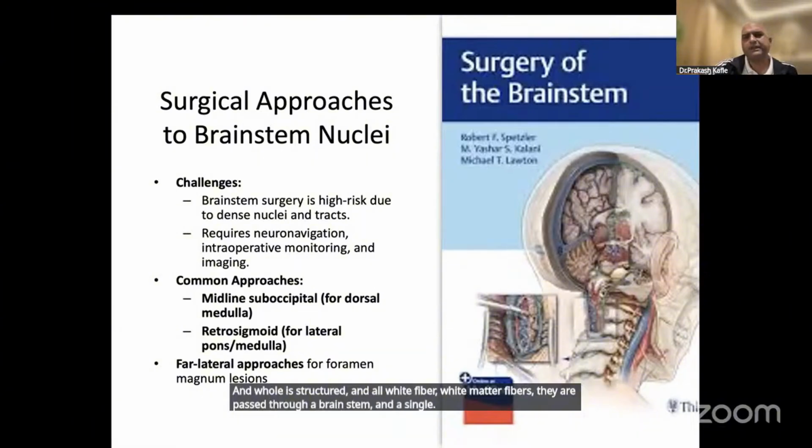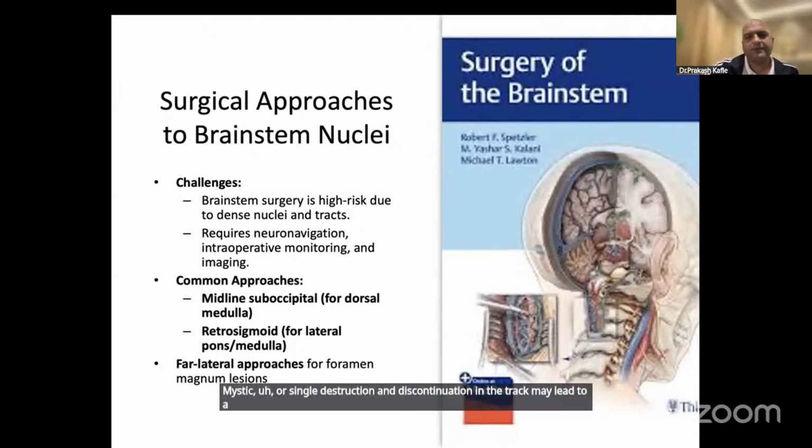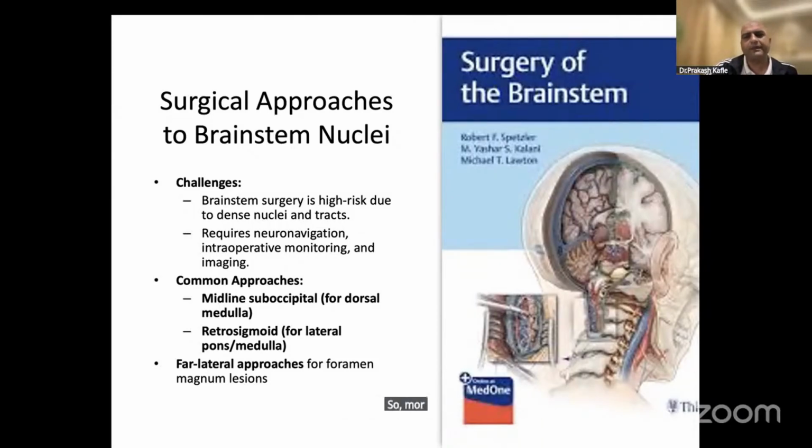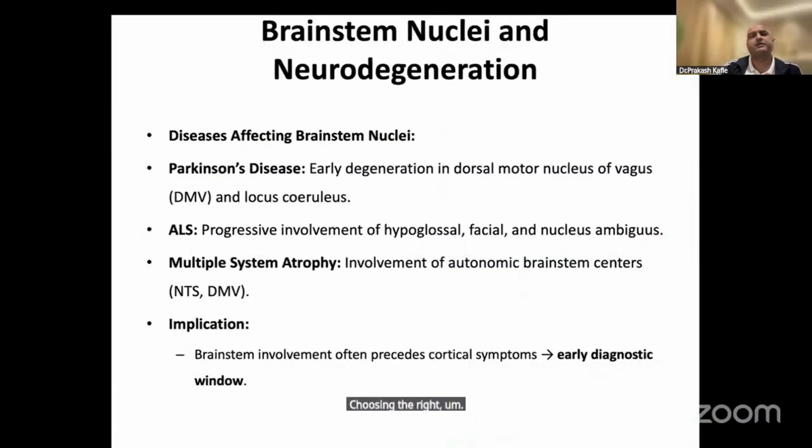A single mistake or single destruction and discontinuation in a tract may lead to a moribund life, so morbidity will be high. To prevent this, neuroimaging and safe brainstem entry zones should be known. This knowledge of brainstem nuclei helps in choosing the right trajectory for brainstem surgery.